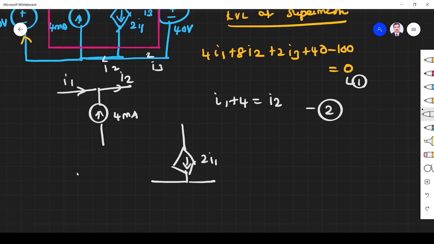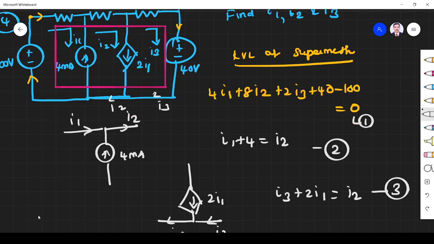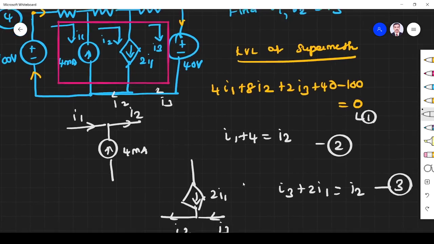So incoming is I3 plus 2I1, outgoing is I2. So this is equation number 3. Okay, next, is there any dependent source? This is I1, no problem. So I1 is I1 only. We don't need to write a dependent source in terms of something.